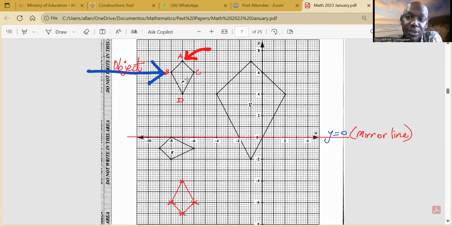All right. So what I'm saying, people, this point here is like a mirror. I can't really slant it.